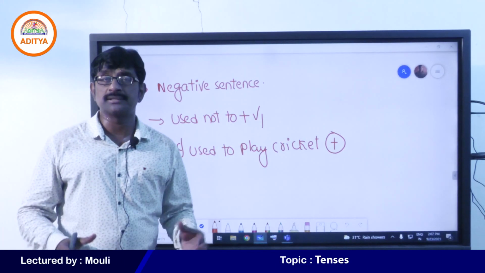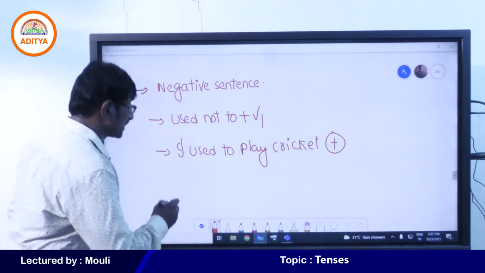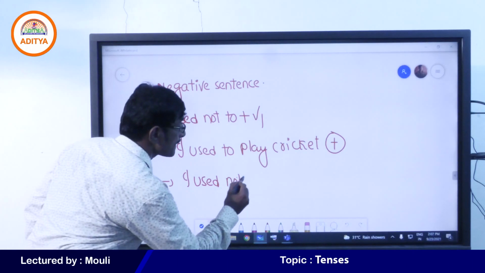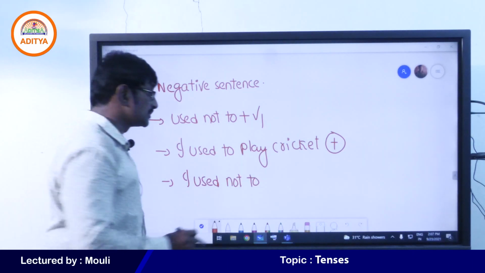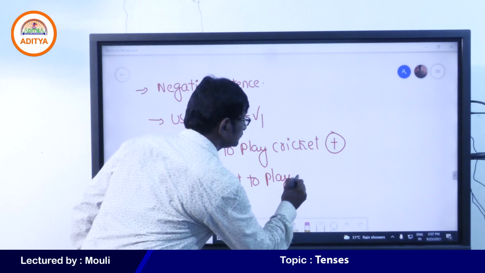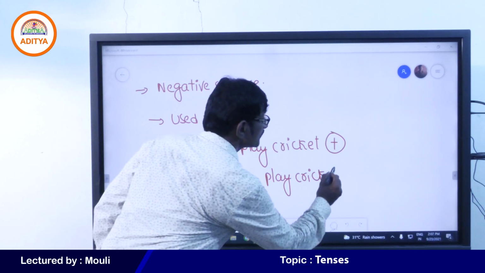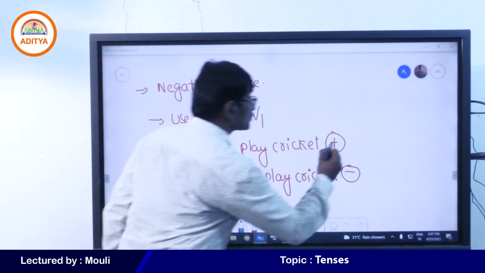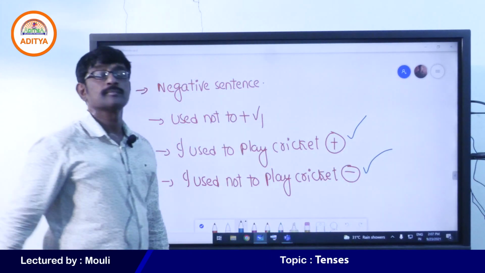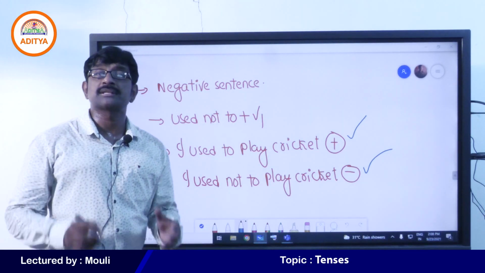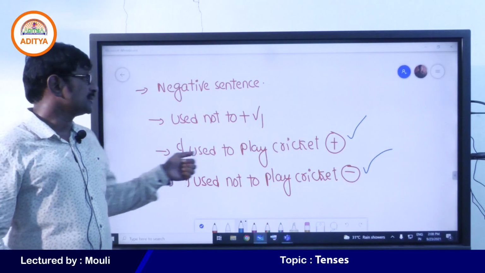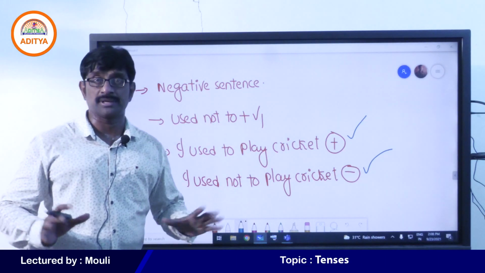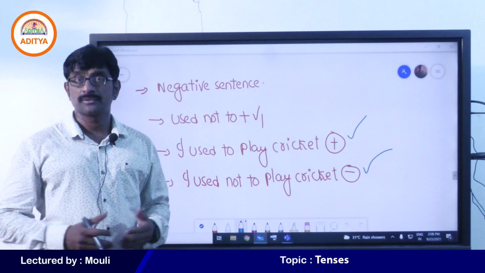If you want to write a negative sentence for this, you can write like this: I used not to play cricket. This is a negative sentence. So these two are correct sentences. I used to play cricket. I used not to play cricket. That's it.